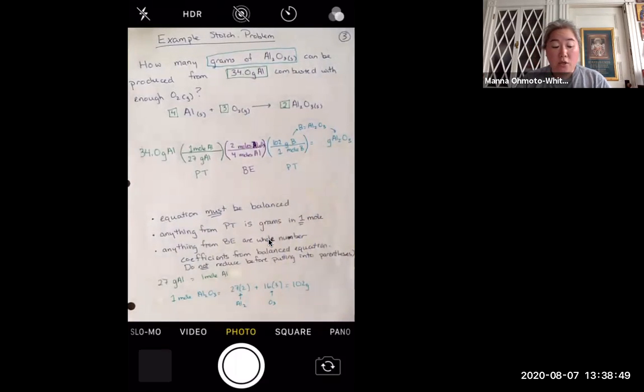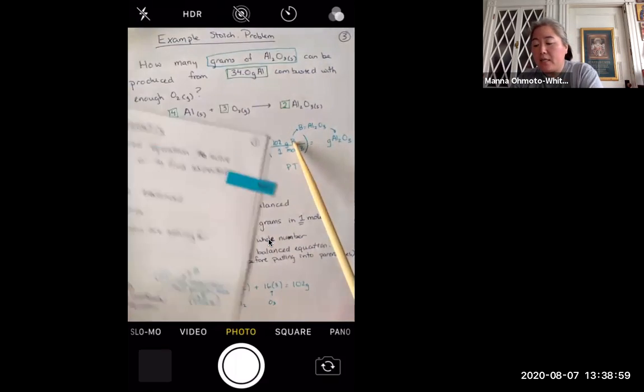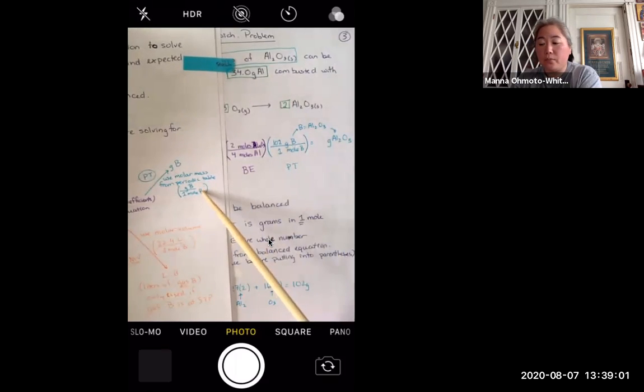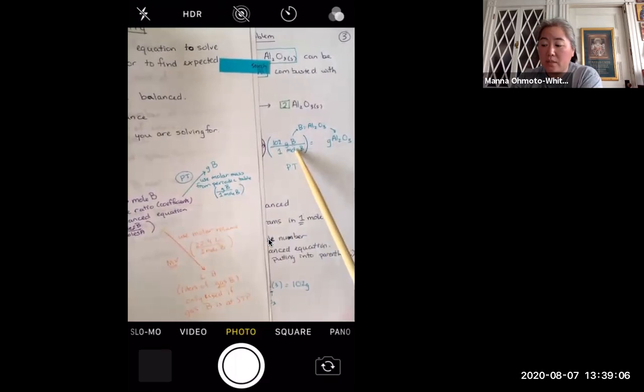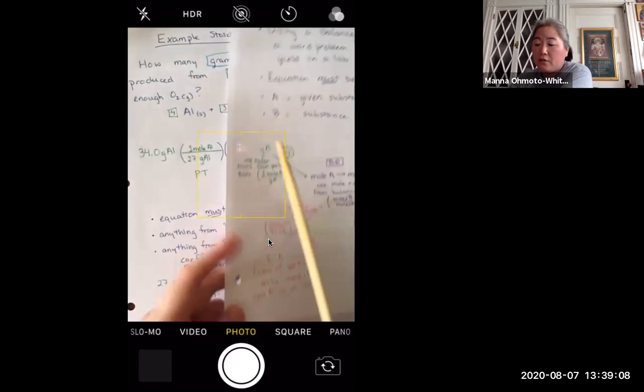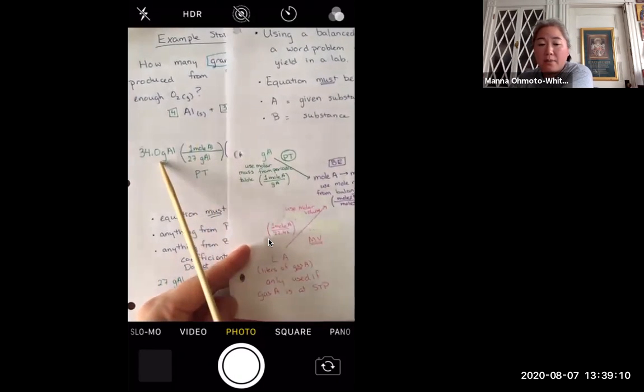So I need to make sure that my units cancel out. Grams B, which is Al2O3, needs to be in the numerator of the last parentheses. Well, that means that it can only be converted to moles. So grams of substance can only be converted to moles of a substance. Similarly, at the front, I need to cancel out grams of aluminum.